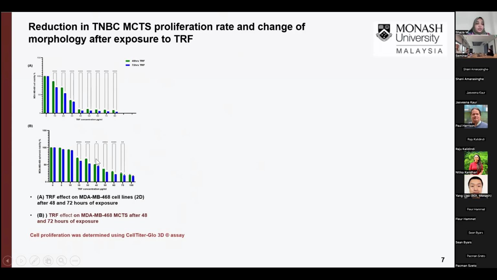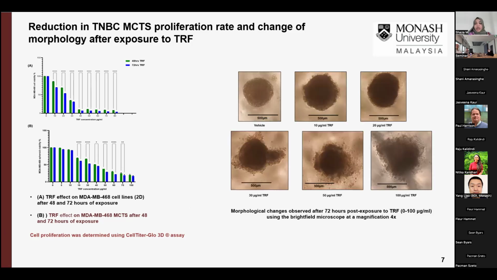In the 3D spheroid model, we found the same pattern, but there was some resistance, as expected, because it needs time to work. At 72 hours we still got the IC50. Under the microscope, this is my control, the vehicle, and the spheroid cells show some of their characteristics. Then at 10 it's decreasing, until at 100 it's totally disseminated and we cannot see the features of the spheroid.